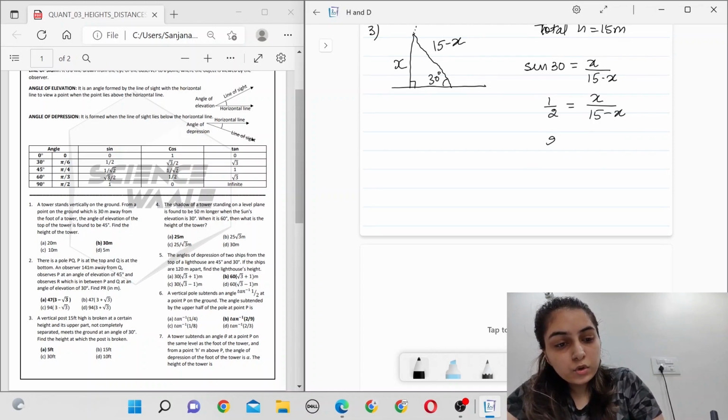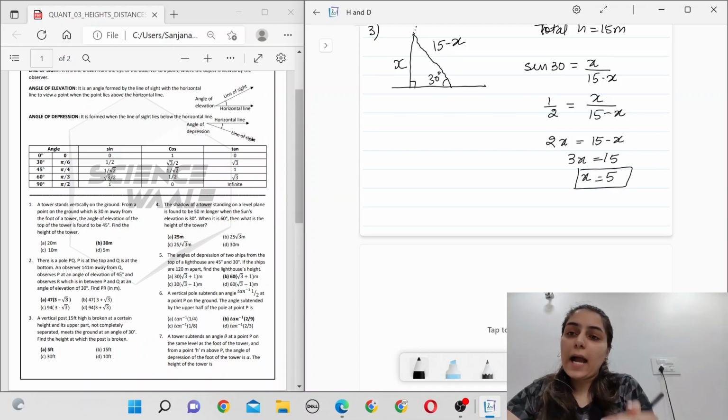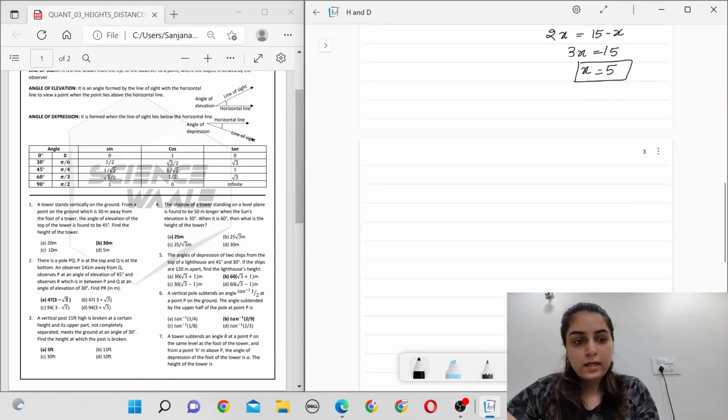So 2x is equal to 15 minus x, 3x is equal to 15, x is equal to 5. So the height at which the post is broken is 5 meters. So the answer is option A again, 5 feet.